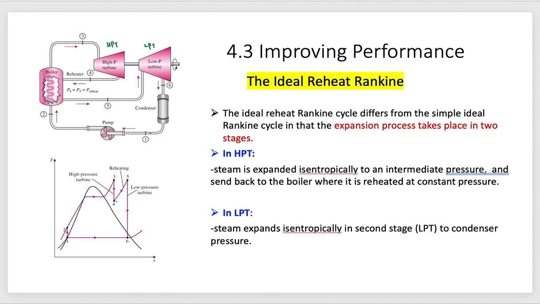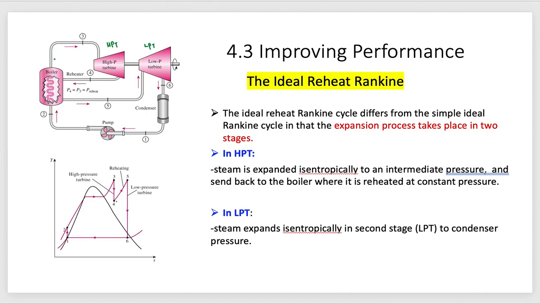The liquid will enter the pump and it will be compressed, and it increases the temperature as well as pressure. So if you see at the T-S diagram, state 1 to 2 is isentropic compression, and it will cause the temperature to get higher.